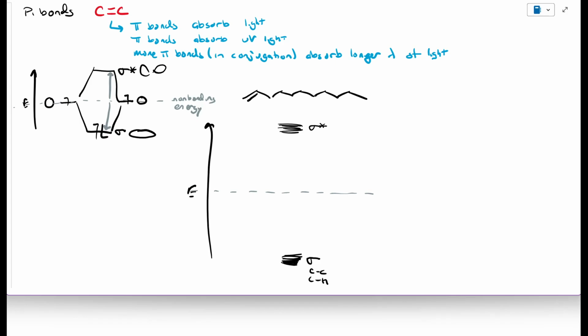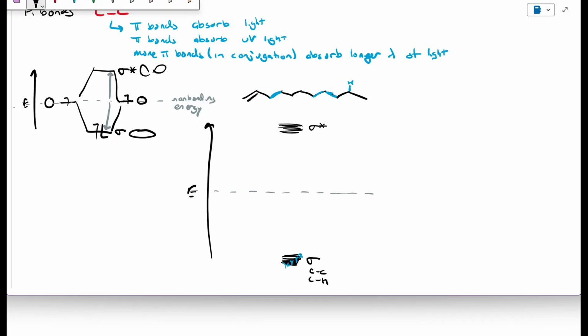Sigma bonding orbitals are the most stable, so they're the lowest in energy. That means the antibonding orbitals are the highest energy, least stable orbitals. All of the sigma electrons in this molecule, all the electrons in these carbon-carbon bonds and carbon-hydrogen bonds, would be down here in these sigma bonding orbitals. There's one pi bond in this molecule.